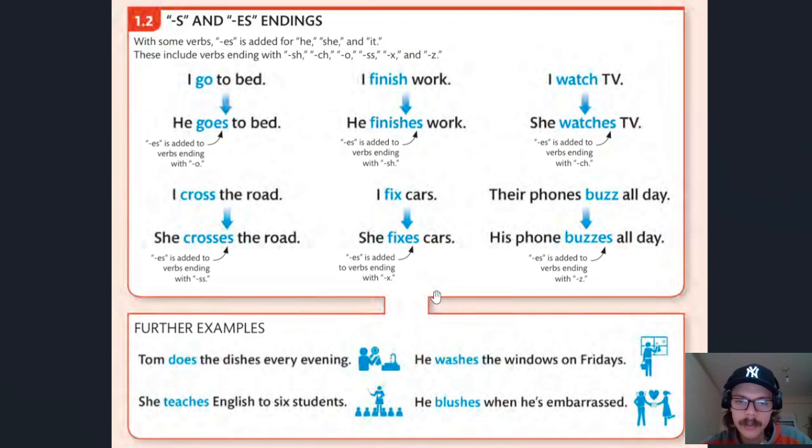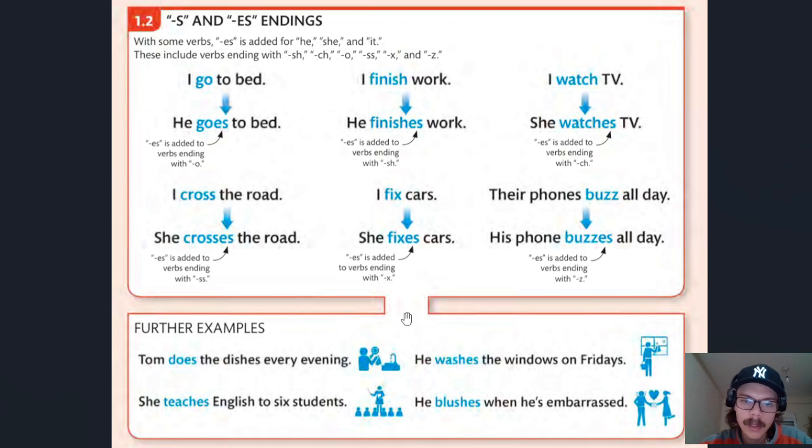Okay? So when you say she flies, or he flies, or it flies, it's not spelt F-L-Y-S. Instead, the spelling is F-L-I-E-S.